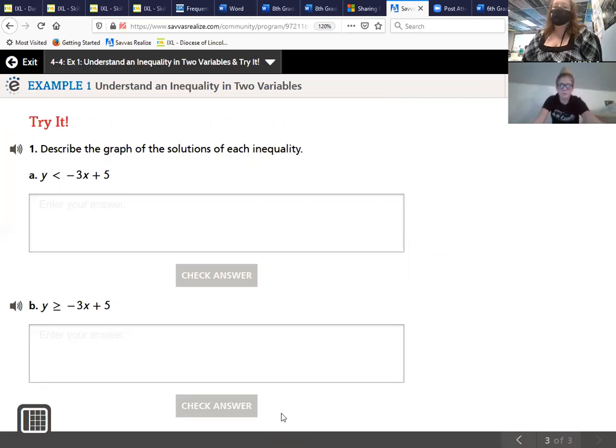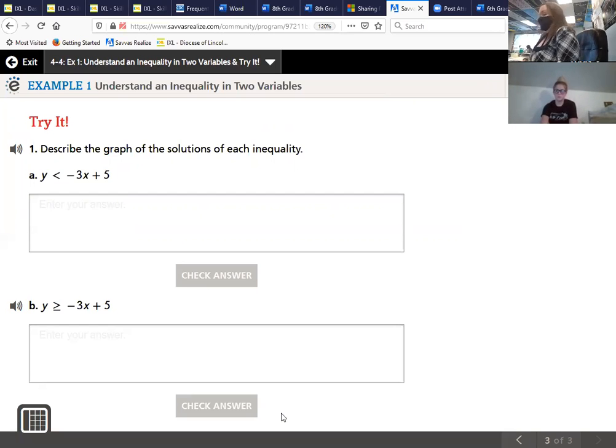Describe the graph of the solutions of each inequality. We've got y is less than negative 3x plus 5. Okay, looking at your notes, we have a less than. Is that going to be a dotted line or a solid line?